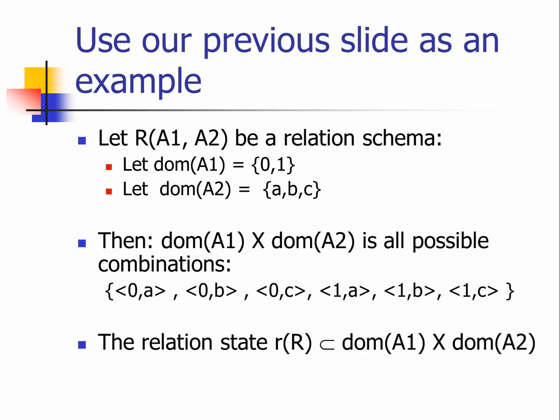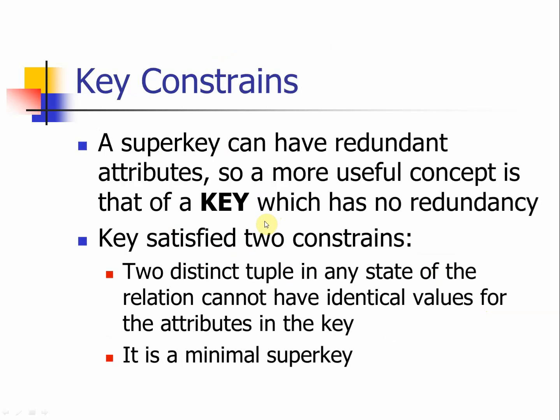Of course, usually we don't have such a limited number of possibilities, and the domain is much wider than in this case. So a superkey can have redundant attributes. More useful is the concept of the key, which removes the redundancy. The key attributes specify the following constraints.